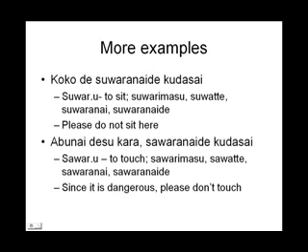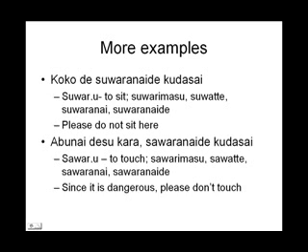Let me discuss a few more examples. It so happens that the examples I picked up have words with a vague similarity to each other. The addition or change of one syllable makes the meaning different. The choice was not deliberate. The examples pertain to notices you may find in public places. Consider the first example. Koko de suwaranaide kudasai. Suwaru is a group 1 verb meaning to sit.